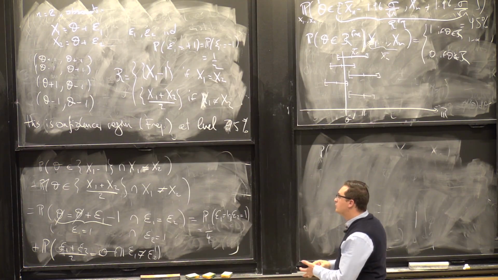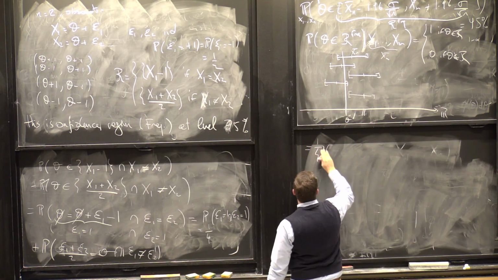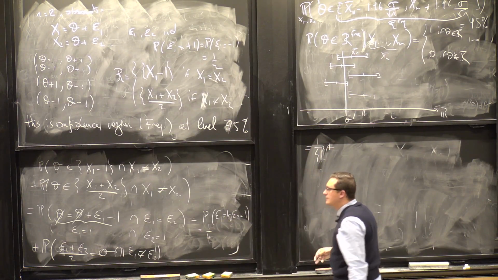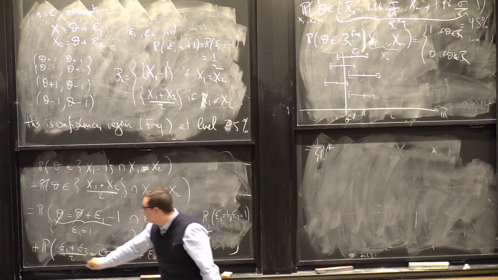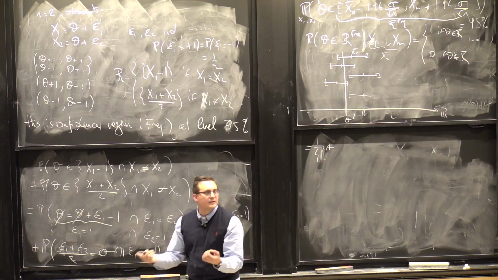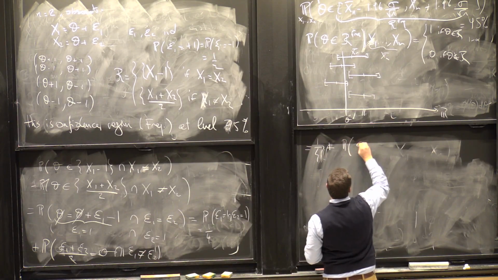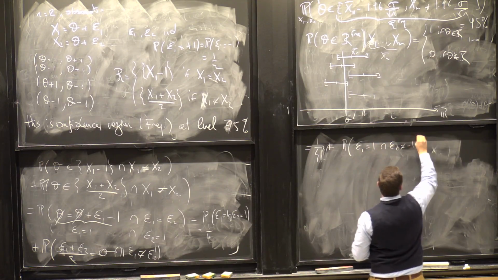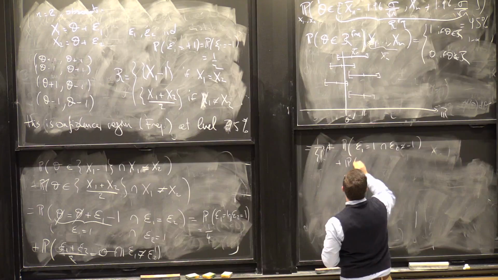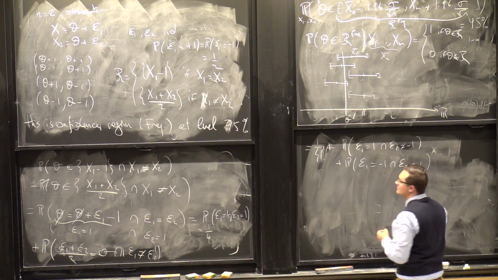OK, and so that means that this thing is actually equal to 1/4 plus the probability that epsilon 1 plus epsilon 2 over 2 is equal to 0. I can remove the 2. So this is just the probability that one is 1 and the other one is minus 1, right? So that's equal to the probability that epsilon 1 is equal to 1 and epsilon 2 is equal to minus 1 plus the probability that epsilon 1 is equal to minus 1 and epsilon 2 is equal to plus 1.